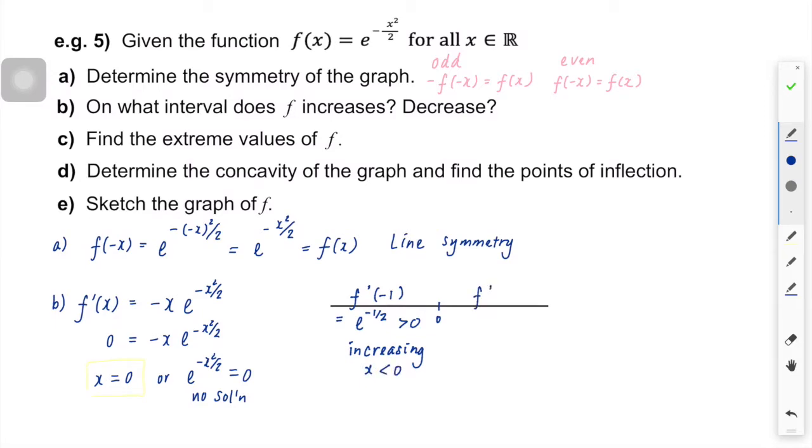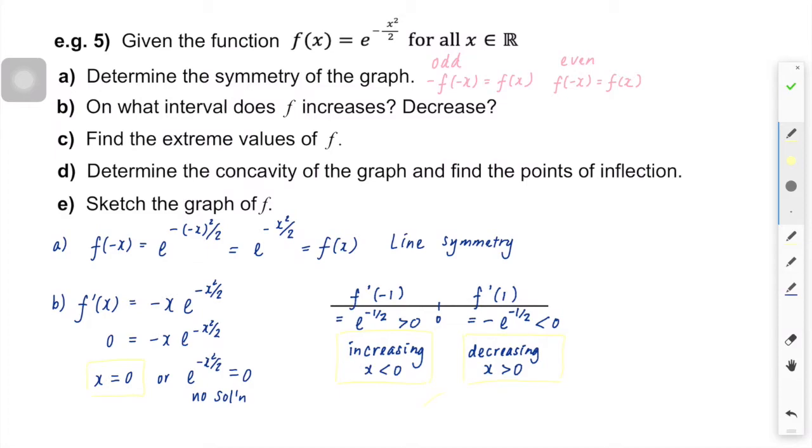Let's use f prime of 1 to test out the sign of the first derivative when x is greater than 0. This gives me negative 1 times e to the power of negative 1 over 2. This actually gives me a negative value, meaning that the function is decreasing in the interval where x is greater than 0. So let me highlight these as my answers.